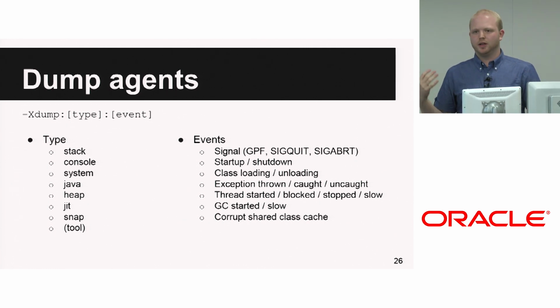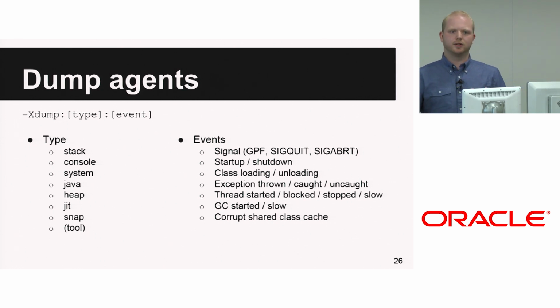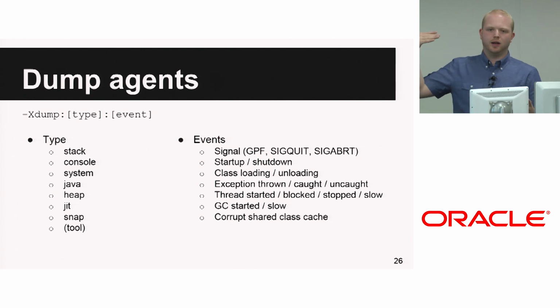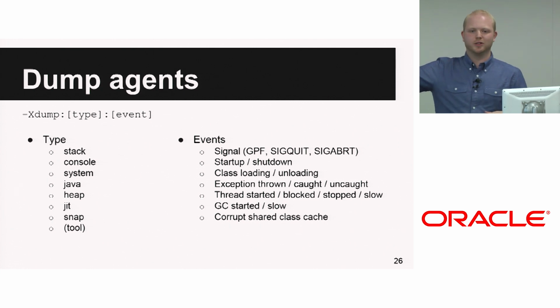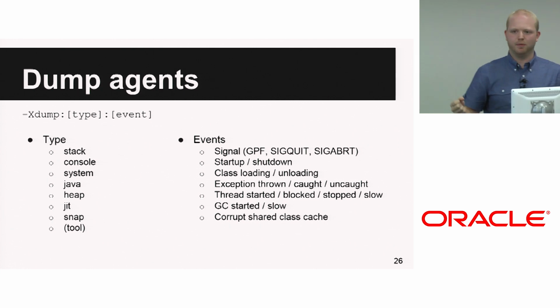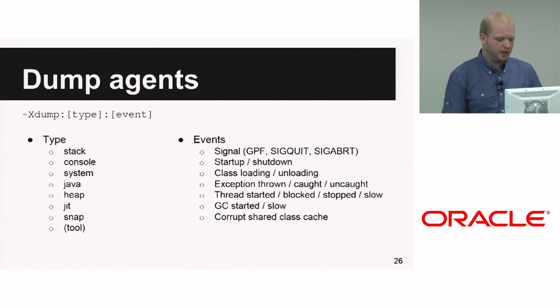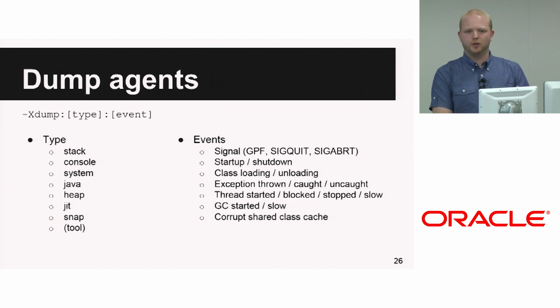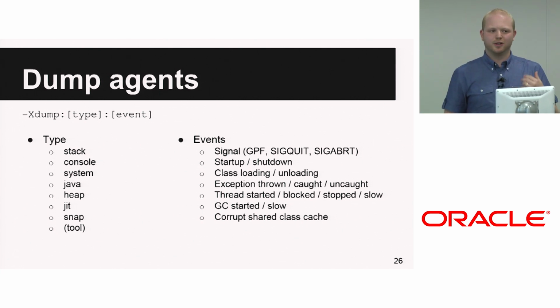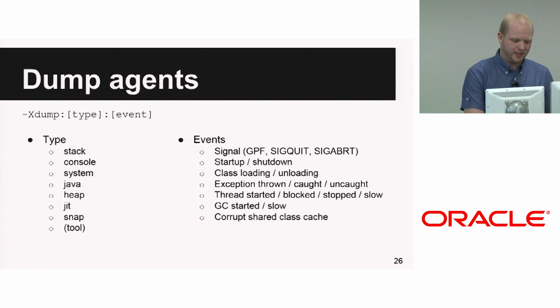For example, I want state information at the time when an exception was thrown, or not only when it was thrown, but if it wasn't caught, I want some kind of state dump. And you can filter these, like the exception. Which exception? If you put it on thrown, you get it every time an exception is thrown, and you're going to get quite a bit of data that you really didn't need.